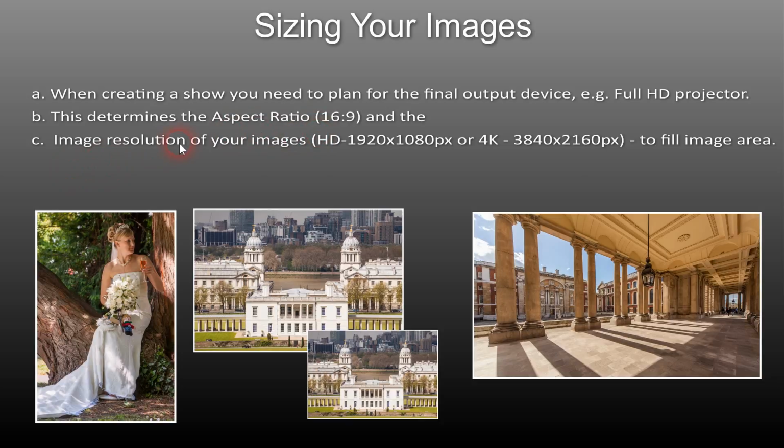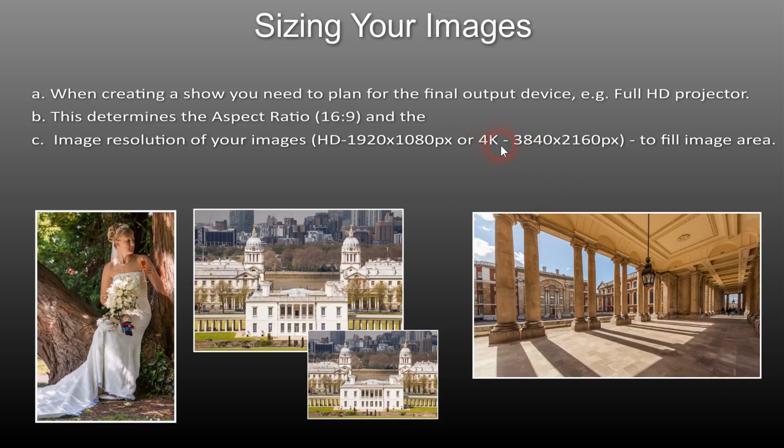So here you can see the image resolution of your images. Full HD is 1920 by 1080 pixels. So that's 1920 pixels, little dots creating the image across by 1080 pixels high. That's the format of HD.